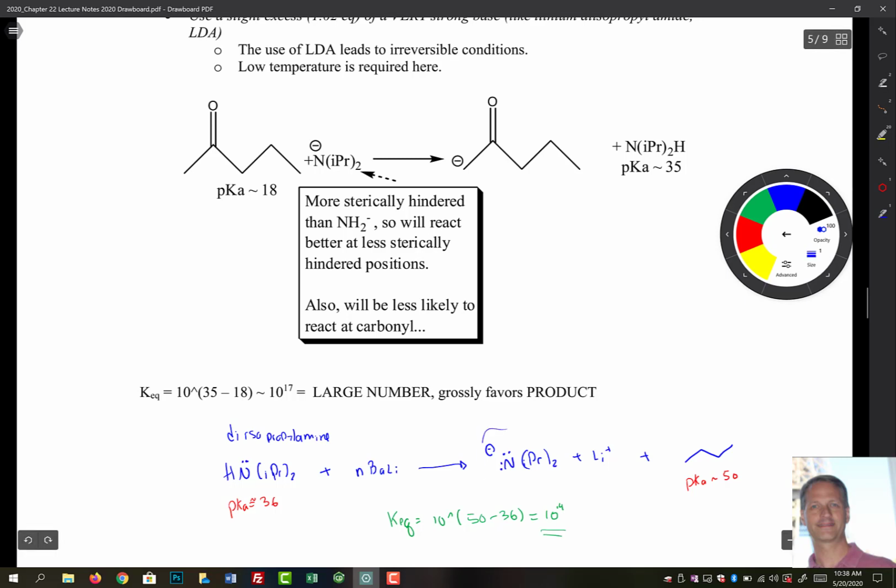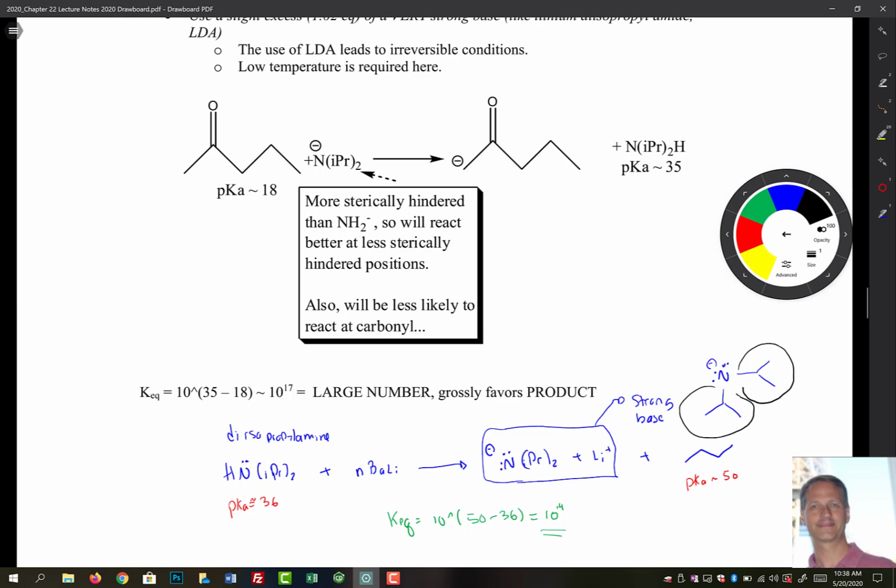This is your LDA, and it is a strong base, but also it has steric hindrance. So the nitrogen here and those isopropyl groups hanging off of that are big R groups that provide sterics in our base for deprotonating parts of the molecule easier than other parts.